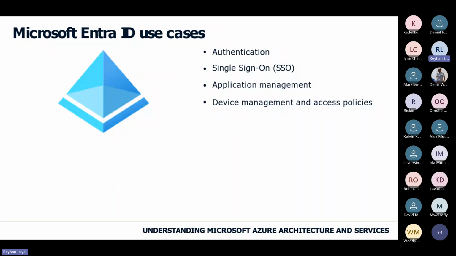So this simplifies the security model in Azure. Application management for both cloud and on-premises apps is also a use case for Microsoft Entra ID. So device management and access policies have been enhanced for security.